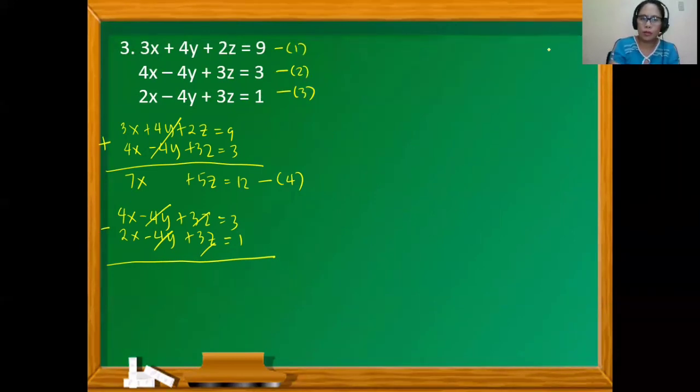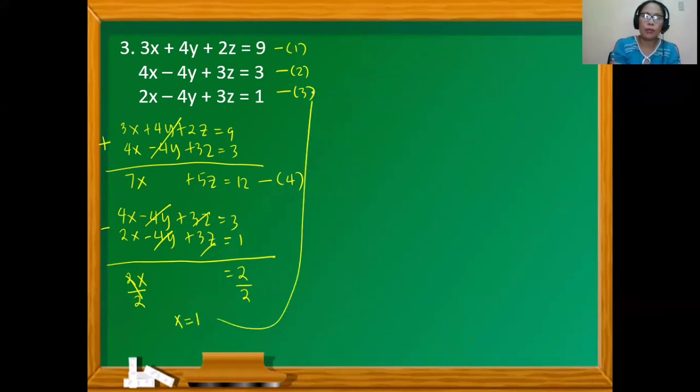Now, let's go back in simplifying this equation. So we have 4x minus 2x, so we have 2x. And then this is 0. This is also 0. But 3 minus 1 is 2. So we can solve for x, and that is done by dividing both sides by 2. So x equals 1 instead of 2 a while ago.